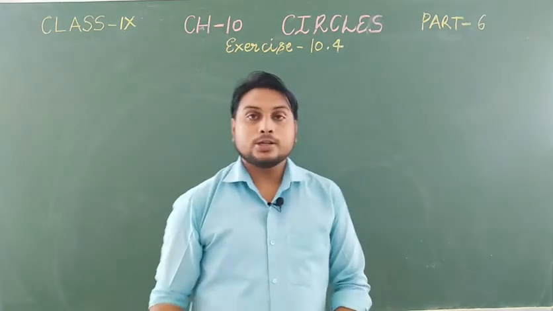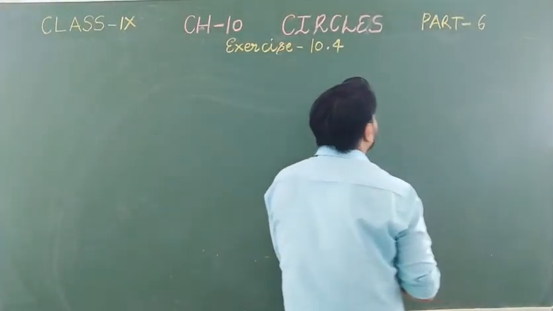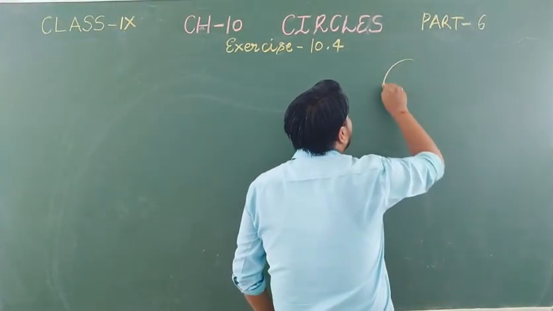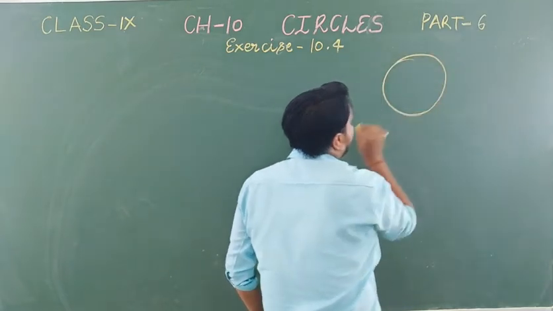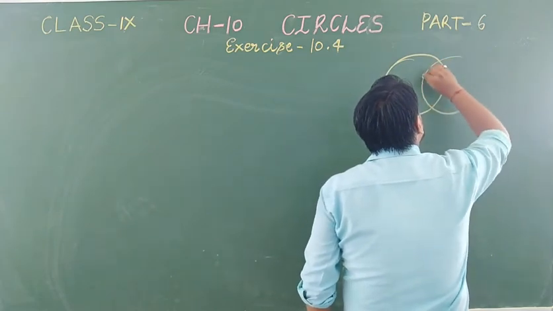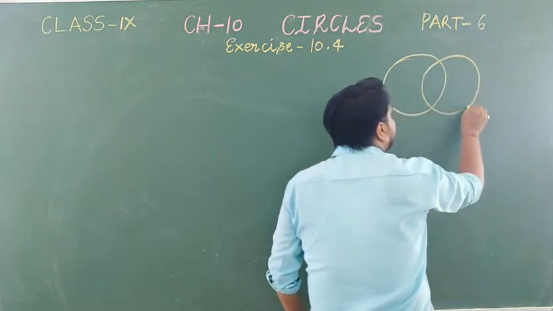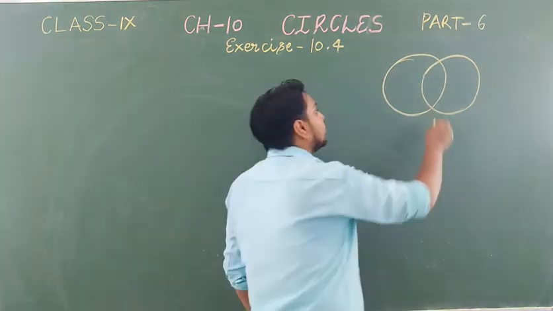Here it is said that there are 2 circles which intersect each other at 2 points.